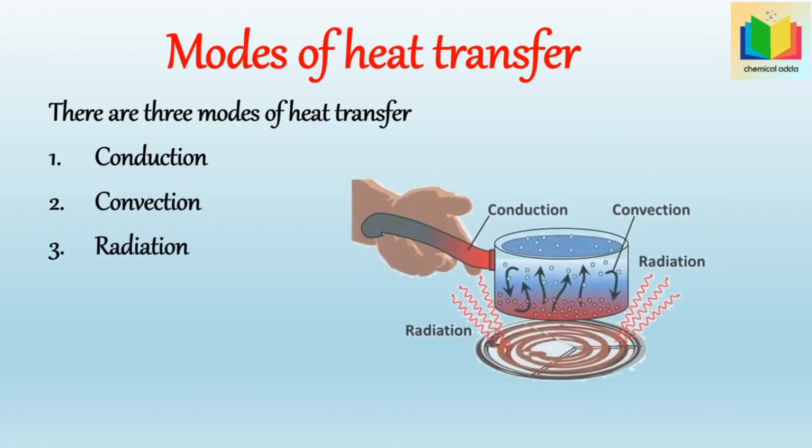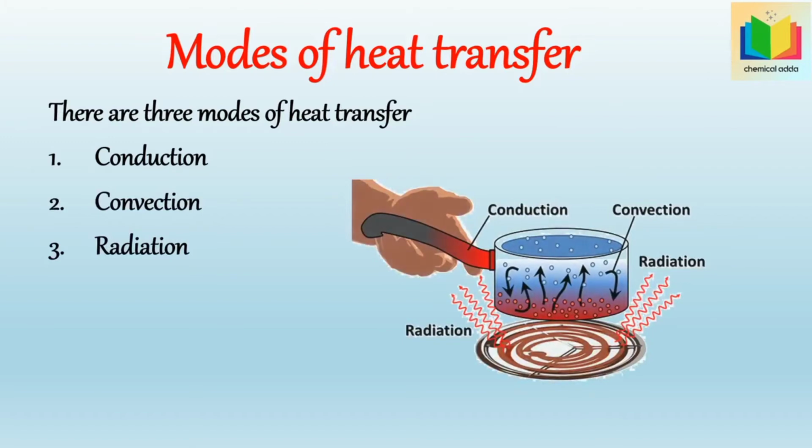In this figure, we can see the bottom surface of the pan gets heated when it is kept on the burner, because heat energy from fire is transmitted in the form of electromagnetic radiation to the bottom surface of the pan. Hence the bottom surface of the pan gets heated due to the radiation mode of heat transfer.